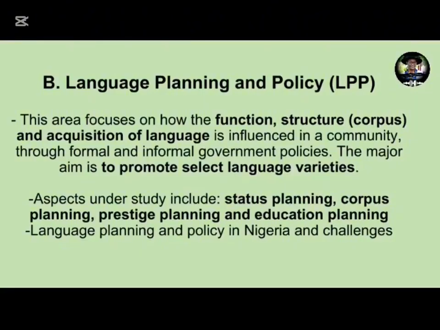Aspects that we will be looking at will include status planning, corpus planning, prestige planning, and education planning. Finally, we will look at language planning and policy specifically in Nigeria and some challenges that the government and citizens of the country face when it comes to language planning and policy.